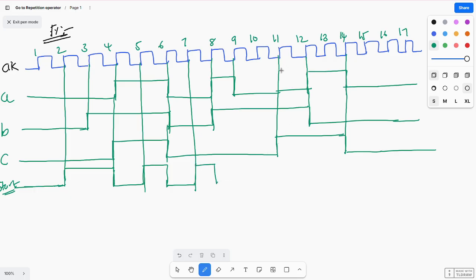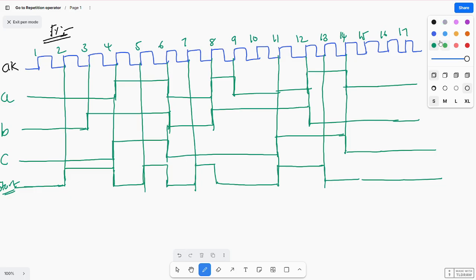It will be 0 till the 11th cycle, then 1 at the 13th cycle, and again becomes 0. So this is my waveform.